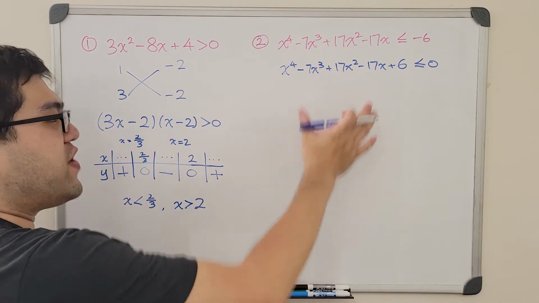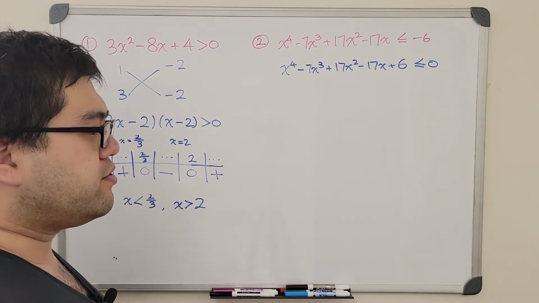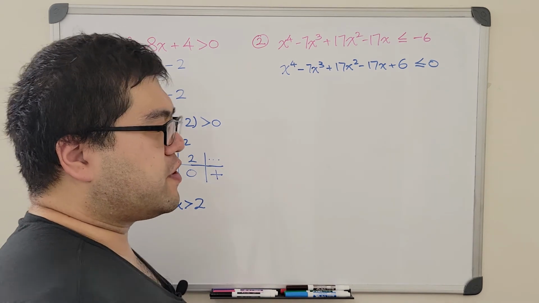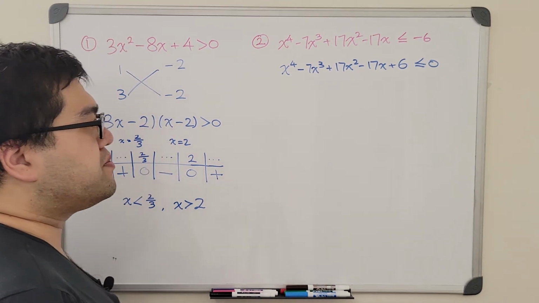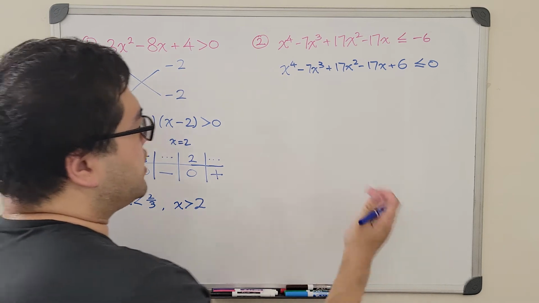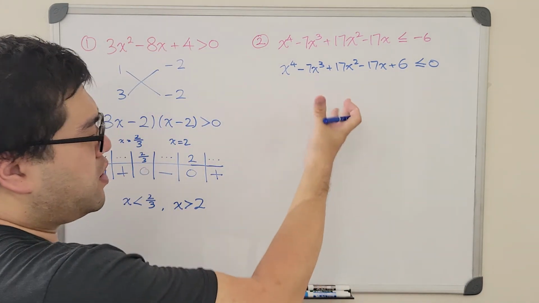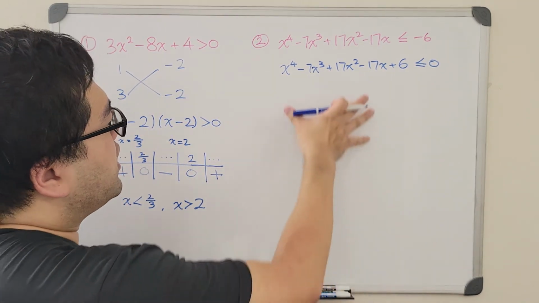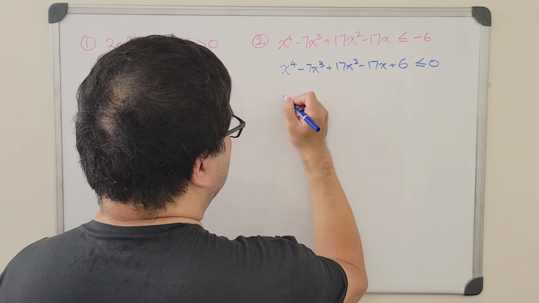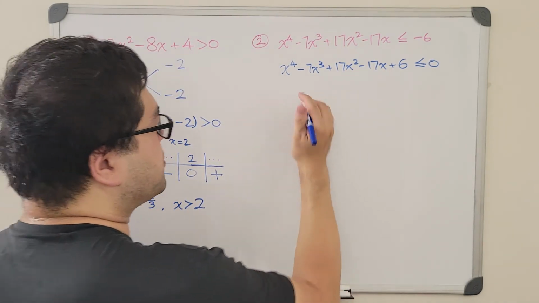So how do we factor this out? Well, we can use some of the theorems. It's called the remainder theorem, but anyway, I'll skip the theorem itself and just jump to the conclusion.